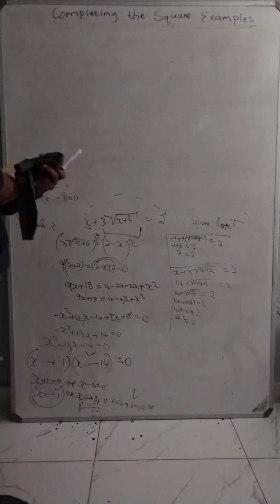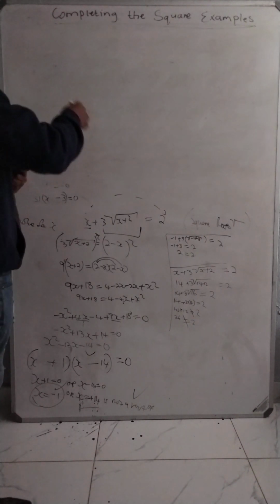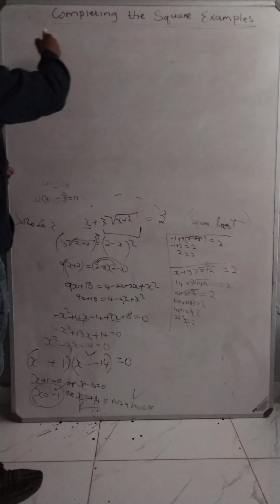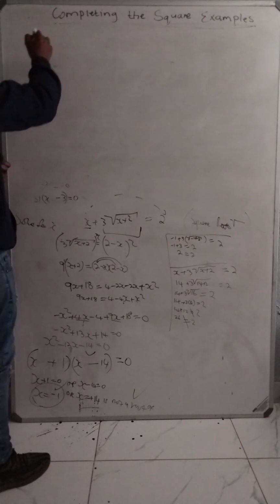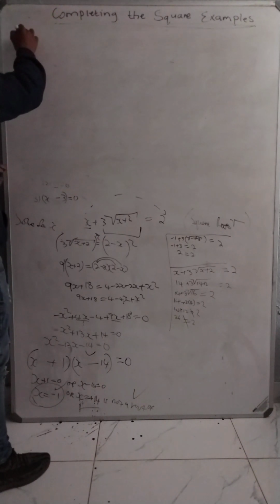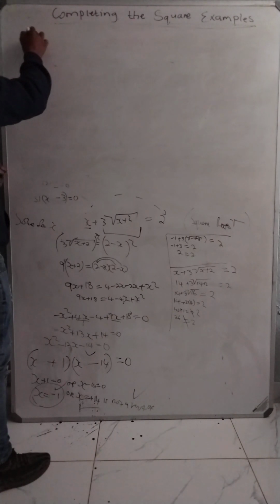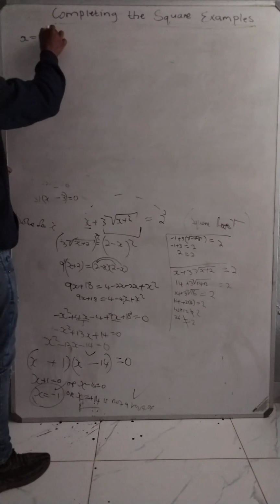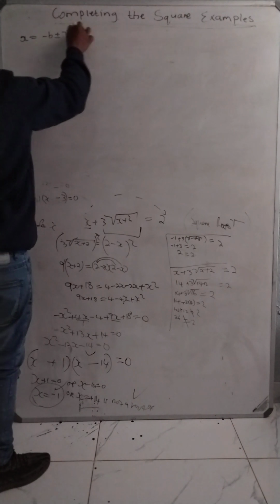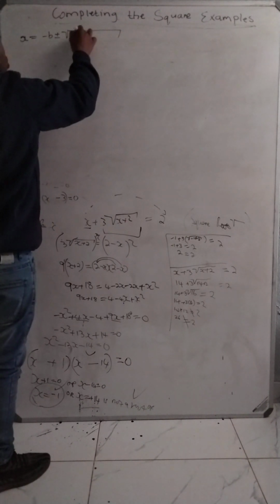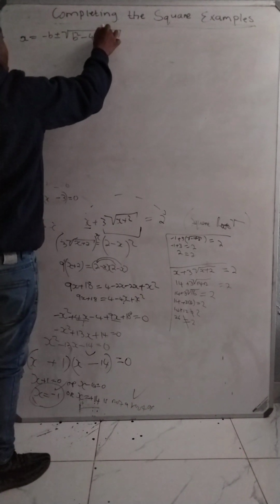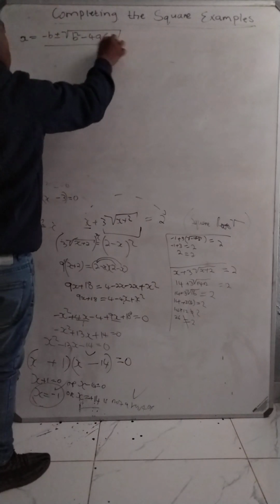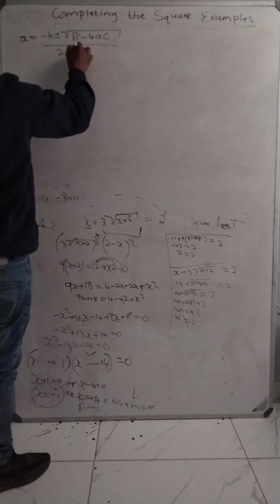But then now there is one expression that is going to talk to us about the discriminant. So in the quadratic formula, x is equals to minus b plus or minus the square root of b squared minus 4ac all over 2a.